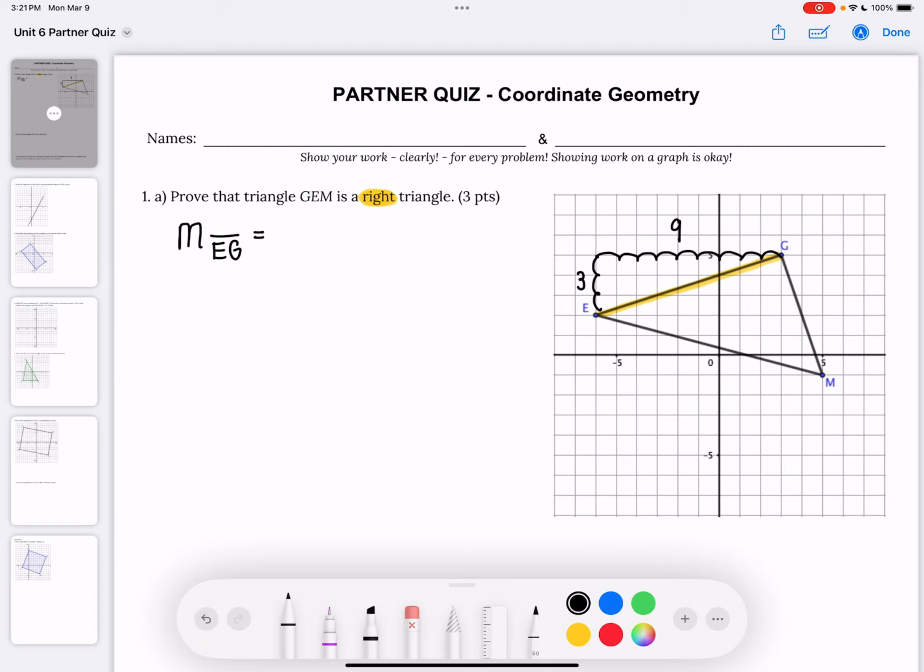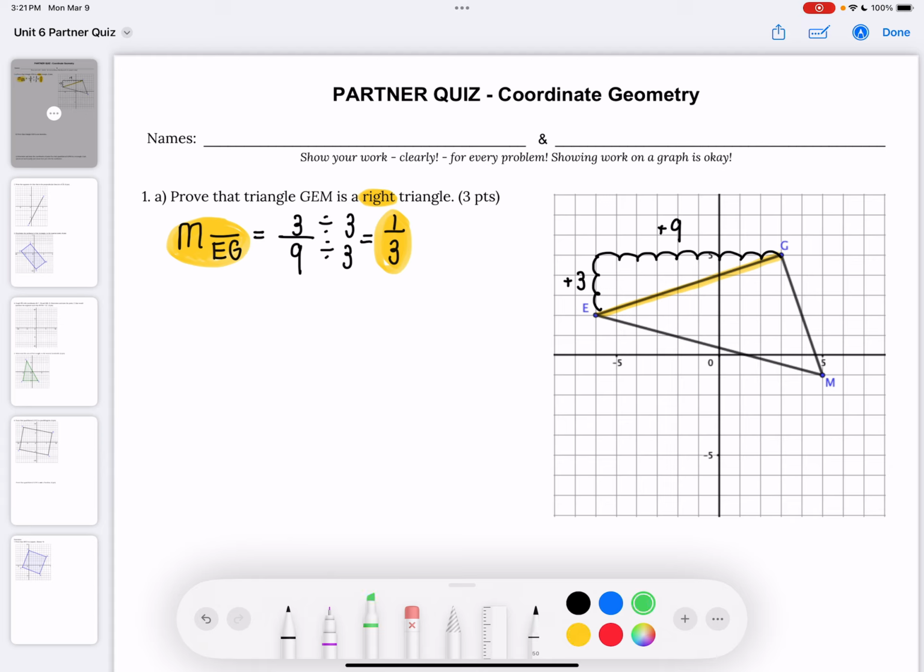So I can simplify the slope. And I know that it's going to be positive because I'm going up and I'm going to the right. So 3 over 9 simplified with the greatest common factor being 3 is 1/3. Let's color code this as slope of line segment EG.